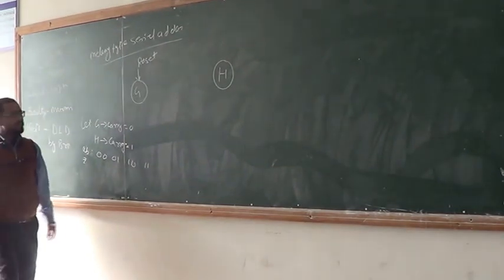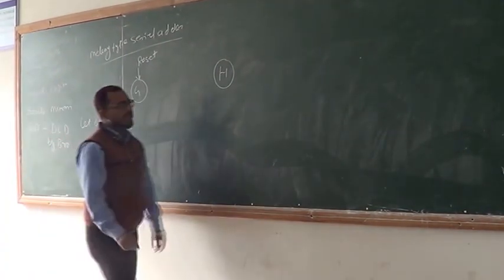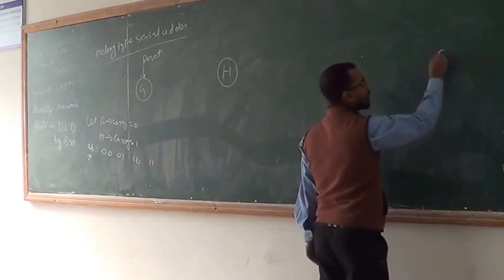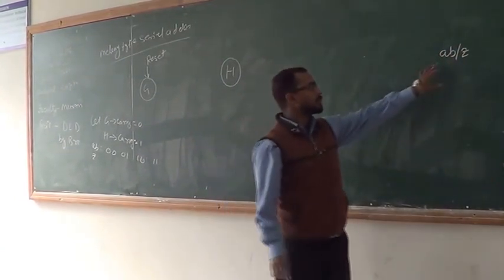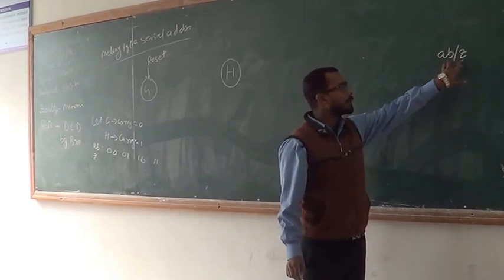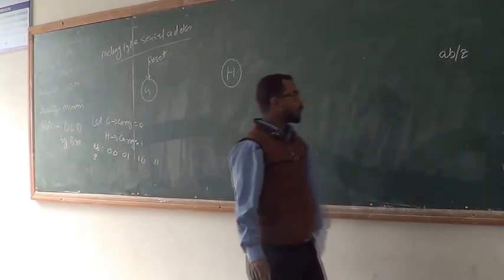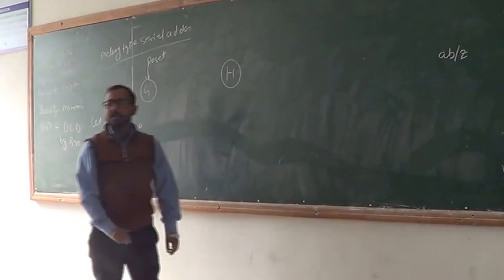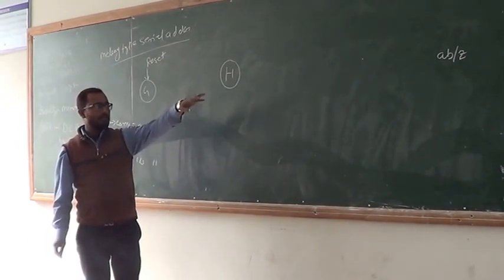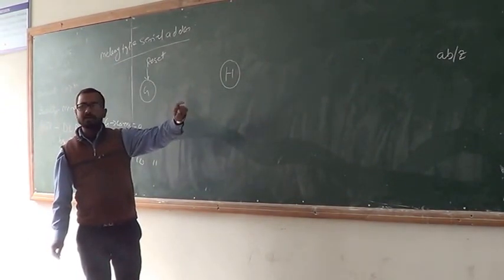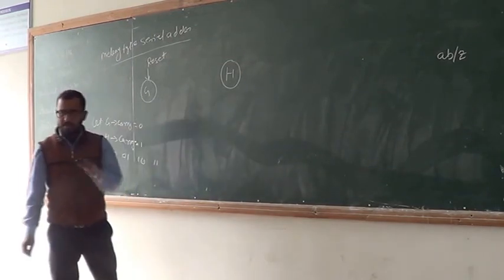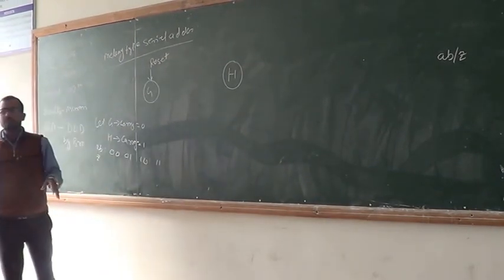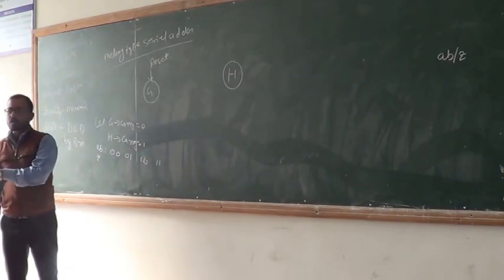In the case of the Mealy type state machine, we write it like this: AB/Z. AB means this is the input and Z means this is the output. Here we always consider the sum as the output.